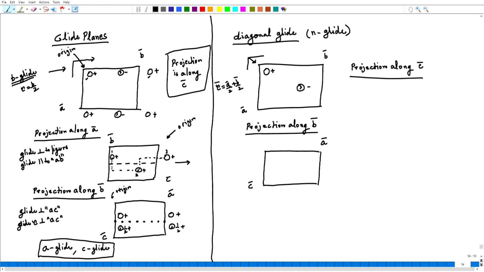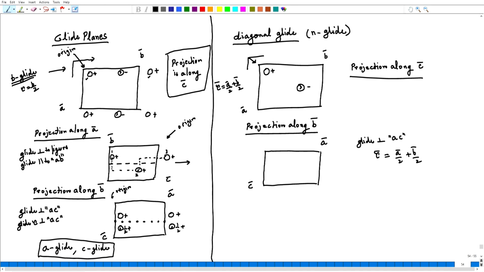The glide plane was in the AB plane, which means the glide plane becomes perpendicular to the AC plane. So, in this case, glide is perpendicular to the AC plane. And what is the glide direction? The glide direction tau is A by 2 plus B by 2. It's the same system we are looking at from a different perspective. So, A by 2 and then B by 2 coming up.